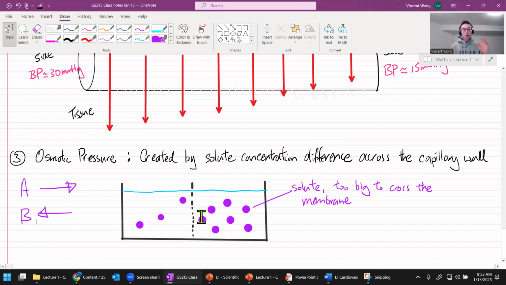Which way will water move in this setup?